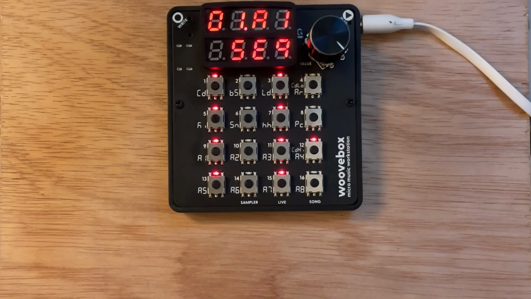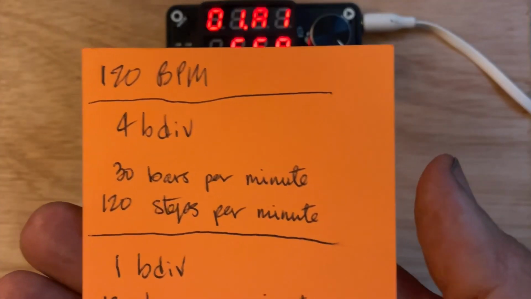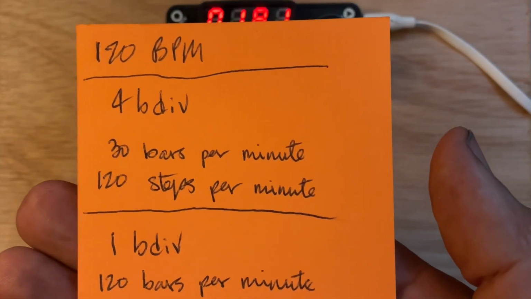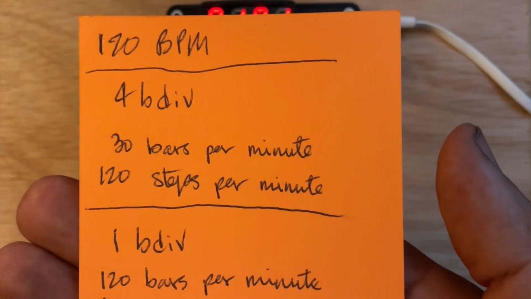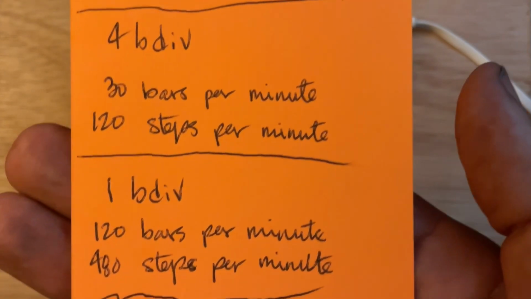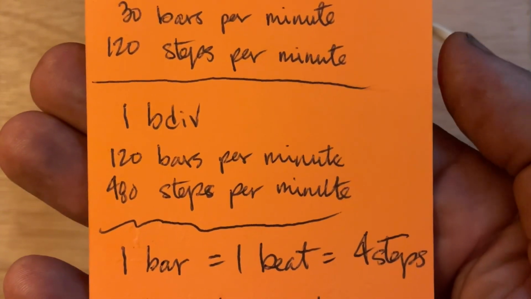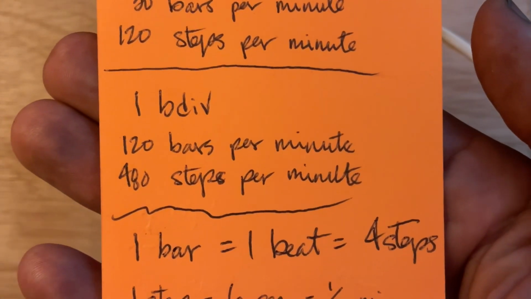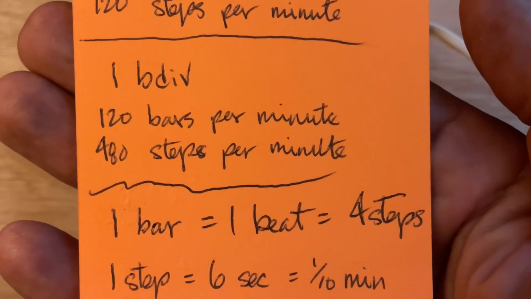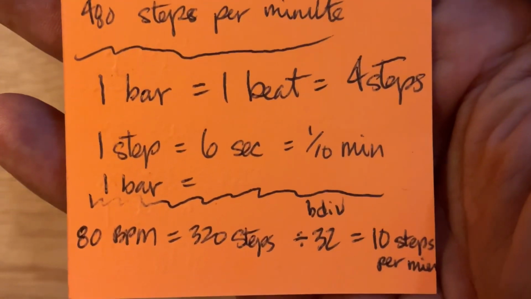So I went off and I started timing things to try to figure this out. And I figured out that at 120 beats per minute with a beat division of 4, there were 30 bars per minute, 120 steps per minute. I figured that it would be 4 times that with a beat division of 1. I timed it, calculated it.